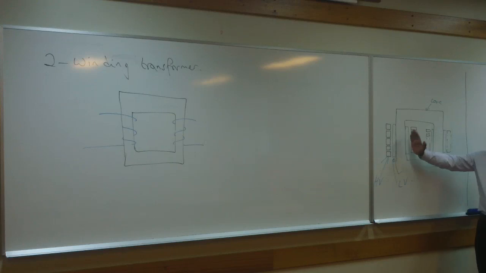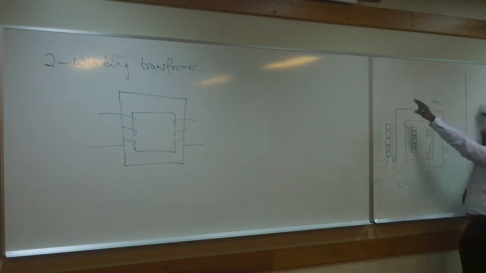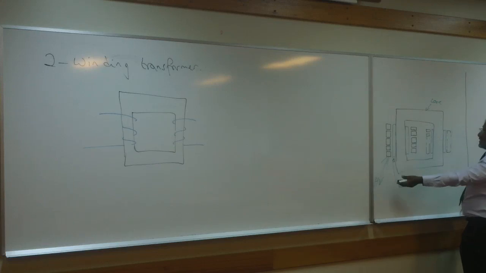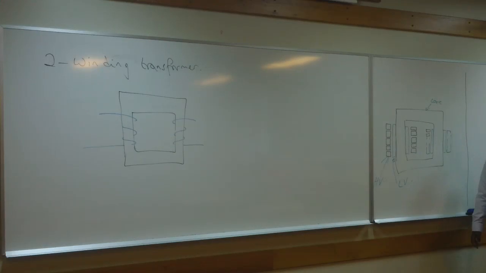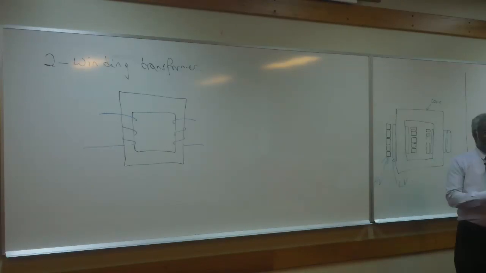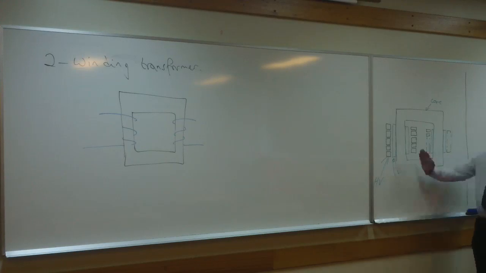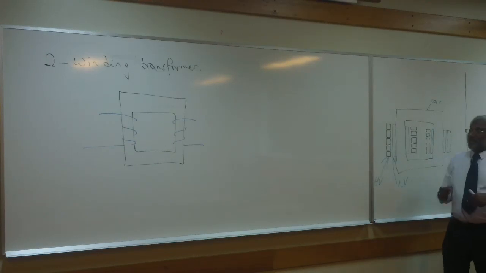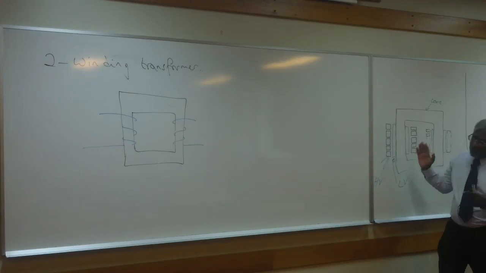This means it's got three legs in the middle for the three phases, and then two legs without winding, which is there for a reason that I will mention afterwards. But typically, for economic reasons, your three-phase transformers would have only three legs, which is quite interesting, but we'll talk about that later.